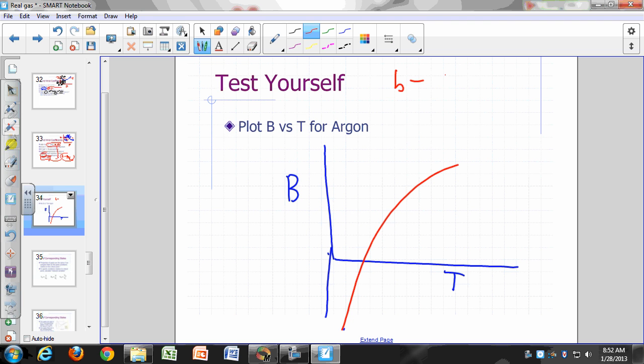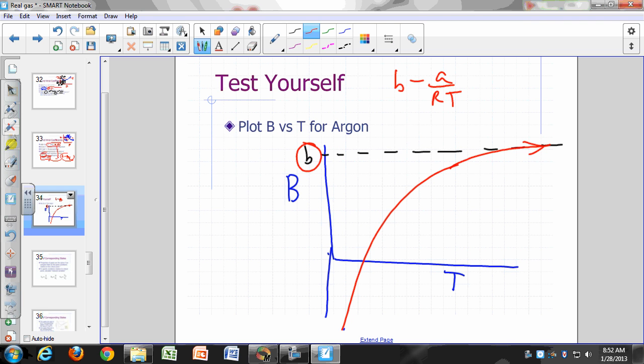It's b minus a over RT. So as T approaches infinity, what happens to your value of B? It approaches the value of little b, asymptotically. So that is a plot of B versus T for argon.